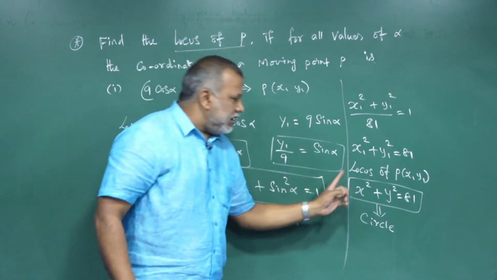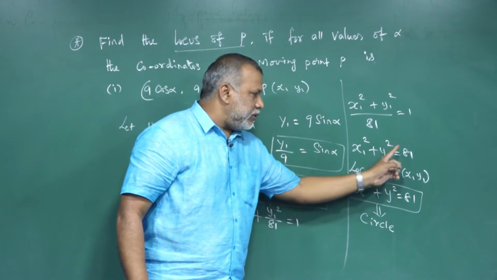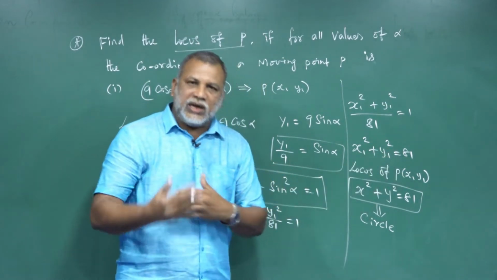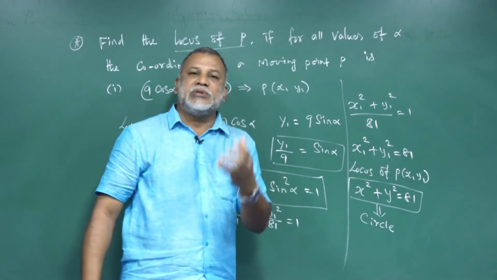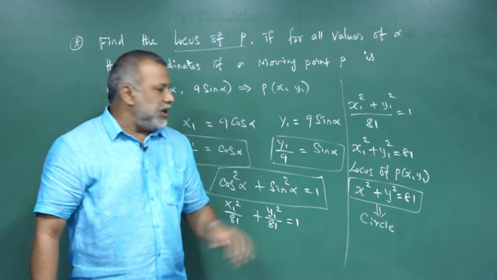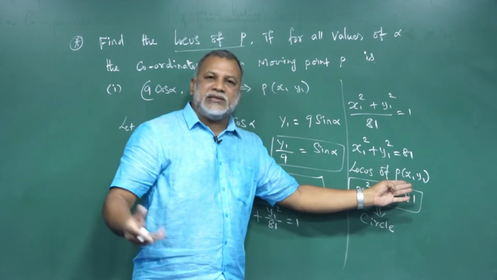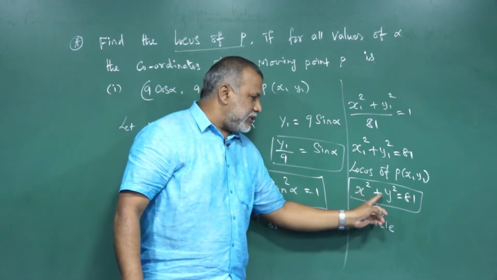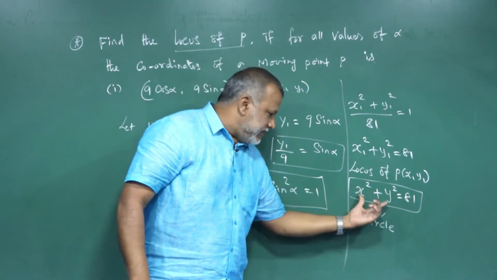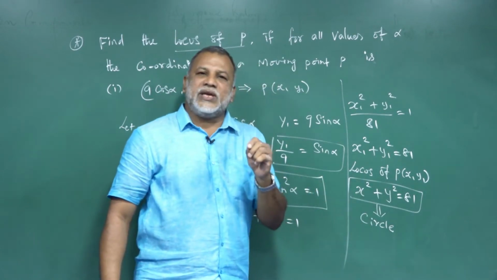Substitute and simplify, and we get x1 squared plus y1 squared equal to 81. We convert x1 comma y1 to x comma y, meaning it should be a moving point. Therefore, x squared plus y squared equal to 81. This is called the equation of the circle.